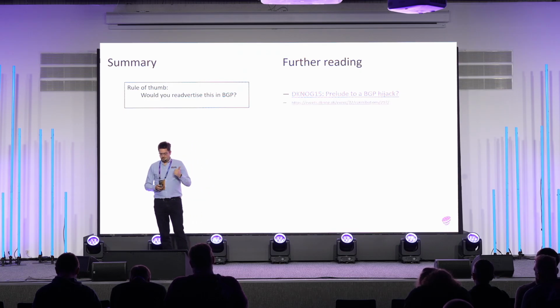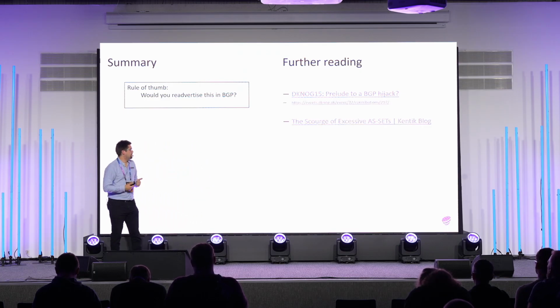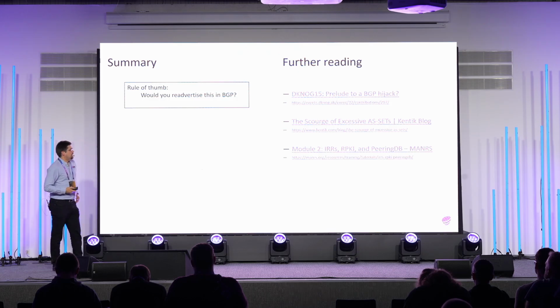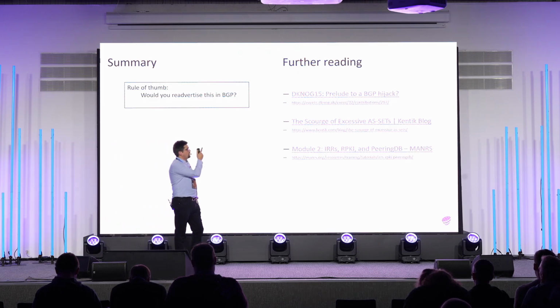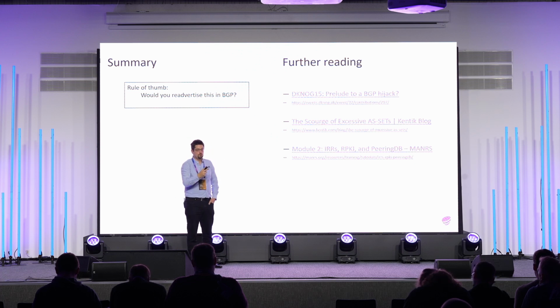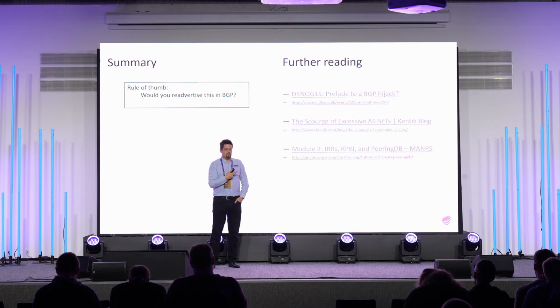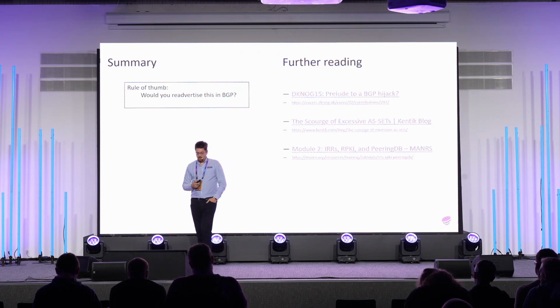I included some links here about AS sets where you can read more about how your AS set could be used to hijack some of your BGP prefixes, and why it is very, very bad for you if your AS set is too big.